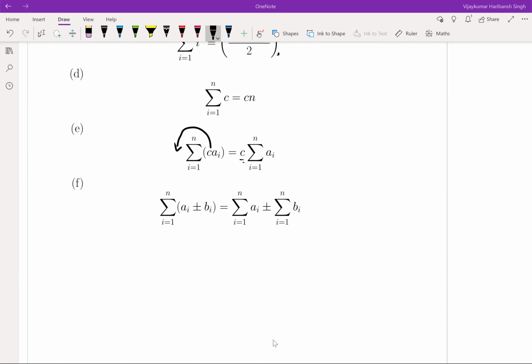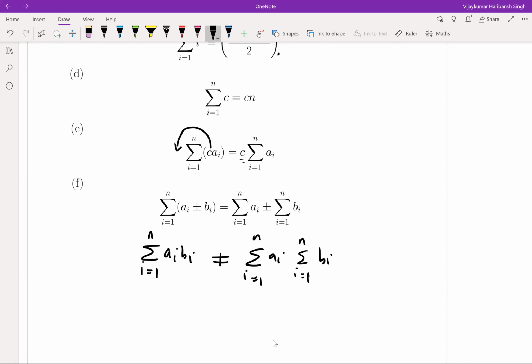Okay. Now you can prove this using mathematical induction, or we can prove it in the next class. Now note that this rule is not true for multiplication, by the way. The summation i from 1 to n of a_i b_i is not equal to the summation i from 1 to n of a_i times the summation i from 1 to n of b_i.